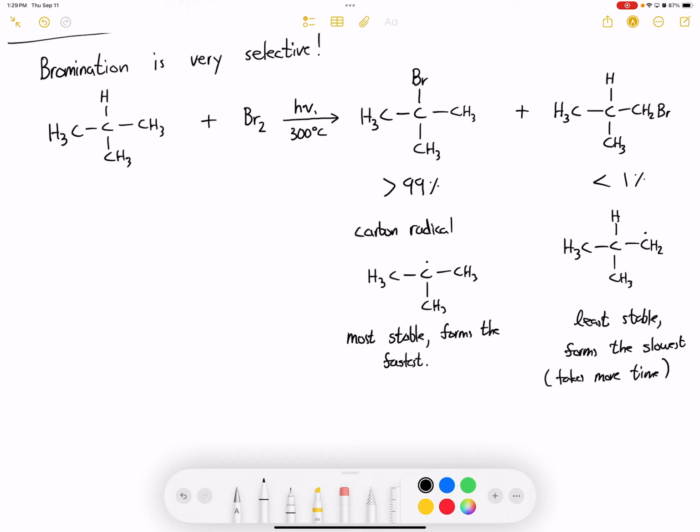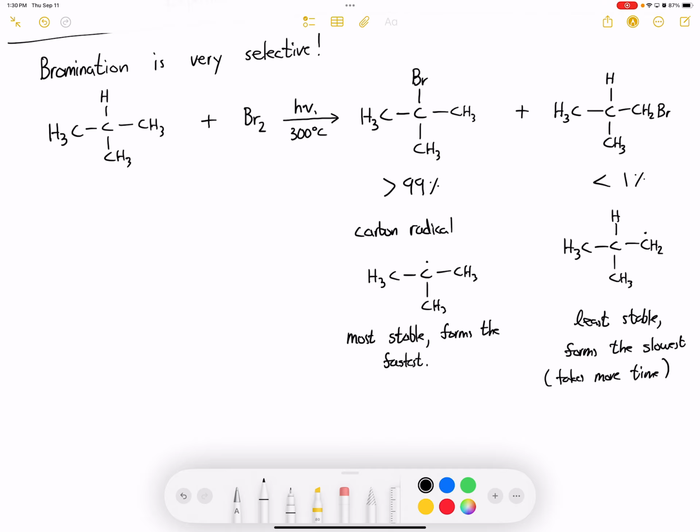Fluorine is governed by the reactivity of the fluorine radical or fluorine atom. And then bromine is so stable that it only will react with the carbon radical that forms the fastest. And that's the most stable one. And we saw before, for the tertiary carbon radicals, the CH bonds are weakest, so they form the fastest. And they're the most stable.